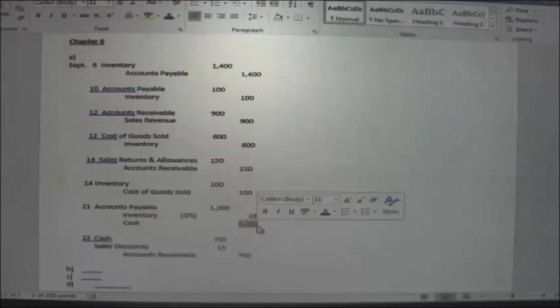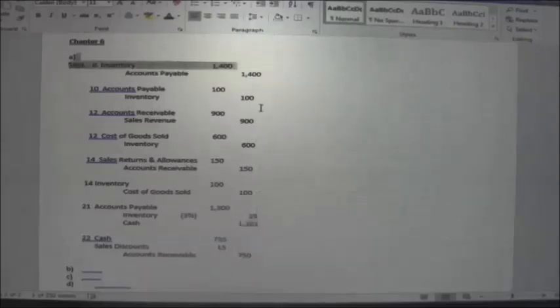Well, if I only pay them $1,261 and my balance is clear, how much did my inventory cost me? $1,261. How much is my inventory recorded at? $1,300. How much should my inventory be recorded at?